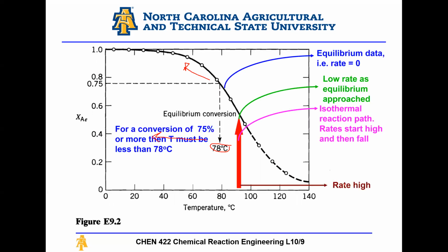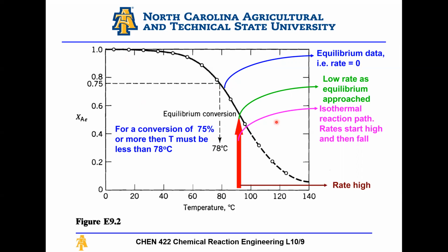So now let's look at a bunch of parameters here. Let me erase this. Let's look at a bunch of different things. For a conversion of 75% or more, T must be less than 78 Celsius, as we just said. This solid black line right here is the equilibrium line, at reaction rate equal to 0.